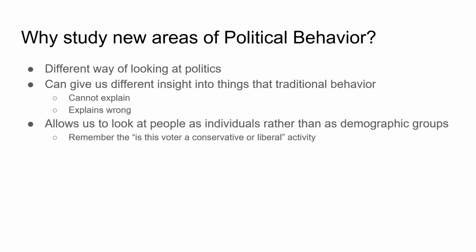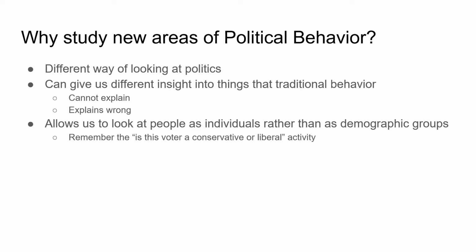But there are always, in any field, new developments. And these new developments in general, not specifically political biology, give us different ways of looking at politics. They help us explain things that traditional behavior either can't explain or challenges the explanations that traditional political behavior has come up with, and shows why it's wrong.